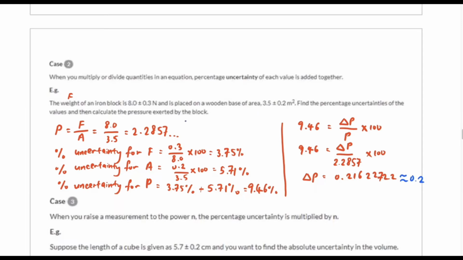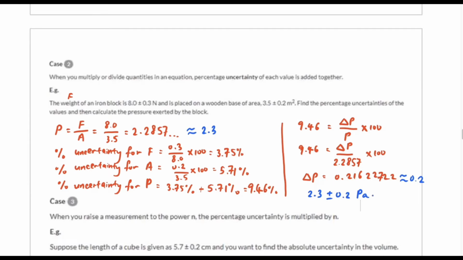So because of that, for this one we use one decimal place, 2.3. So at the end, we write our answer as 2.3 plus minus 0.2 Pascal. Okay, sure.